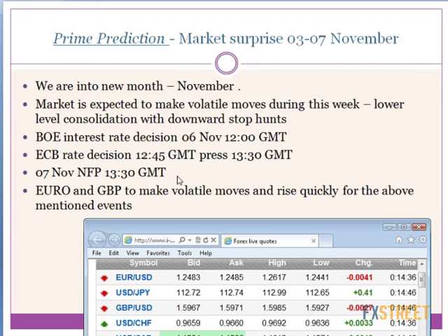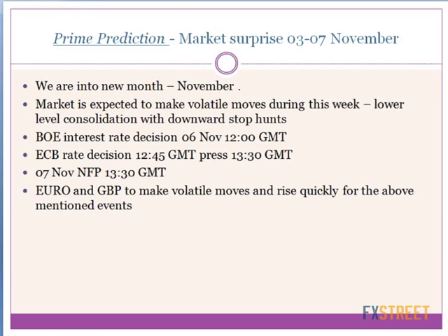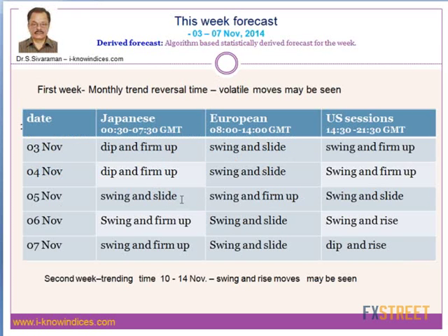Before that, they will try to create a bearish feel till Wednesday, the Japanese session. Okay, the expected market moves for this week. The first week, the monthly trend reversal move is expected between 3rd and 7th of November.